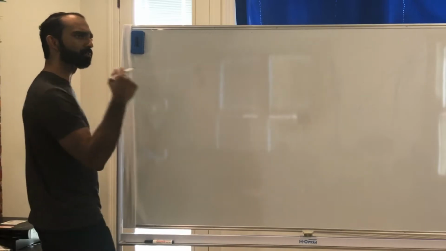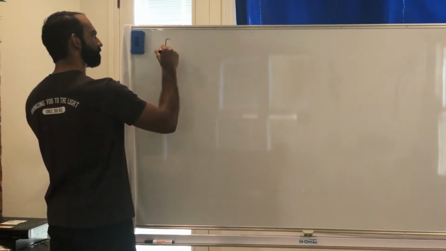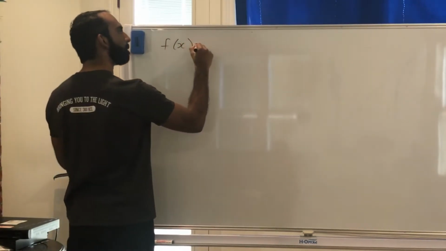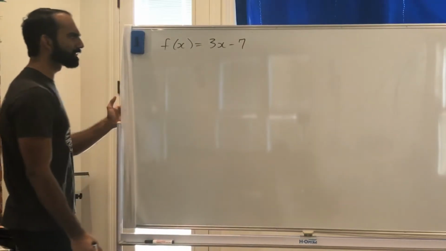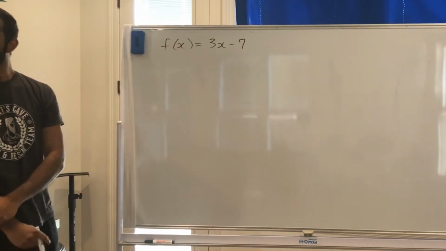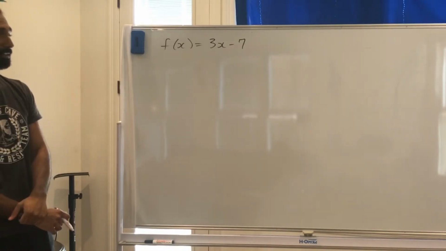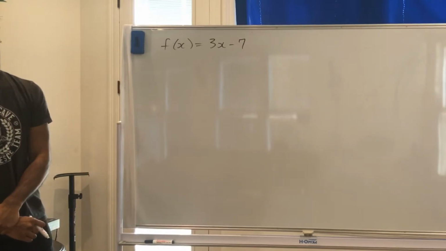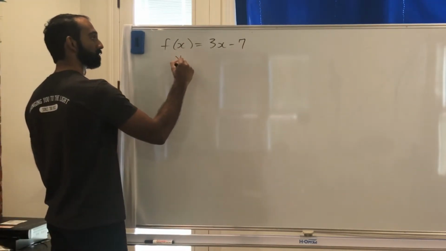So, something from algebra 1 or algebra 2, whatever it was: if I were to give you this function, let's say 3x minus 7, how did you find the inverse function of this? Exactly. This is one-to-one, I'm not going to spoil that. First, instead of f, you just rewrote it as y equals.